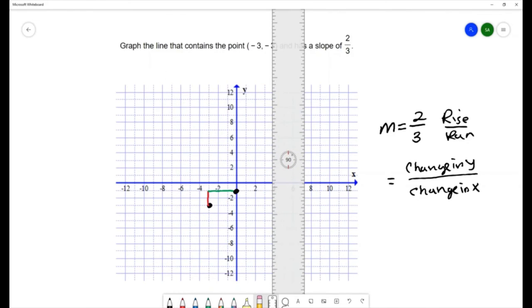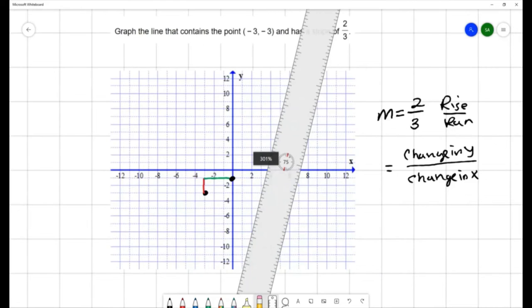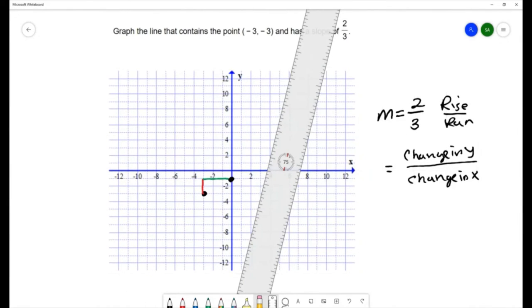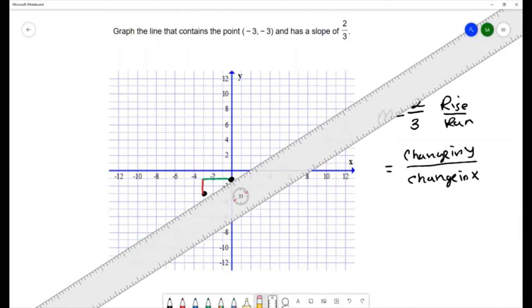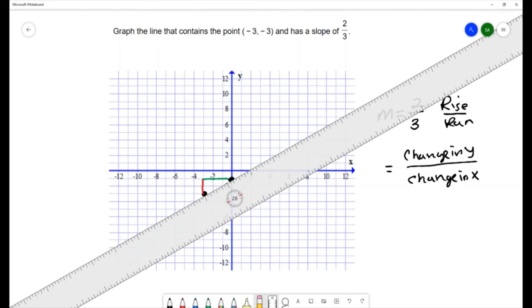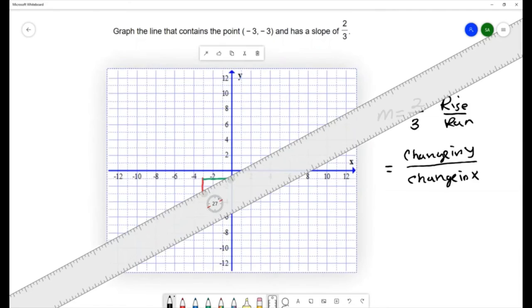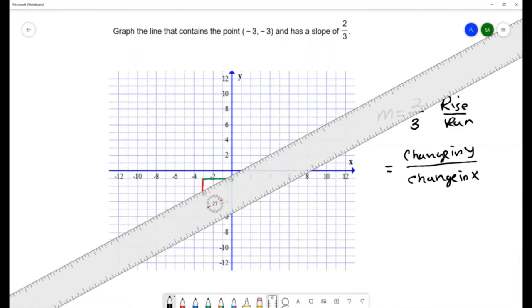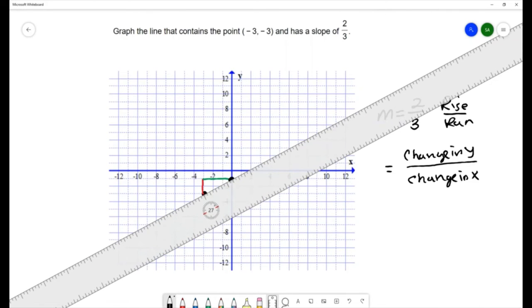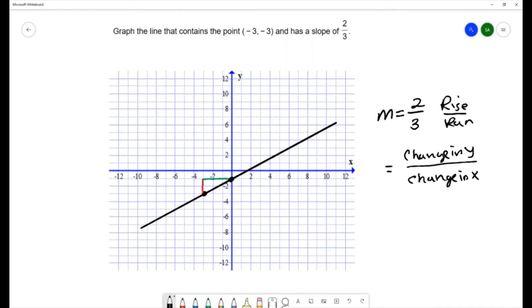I'll be able to draw that line that connects those 2 points. So there we've drawn the line that contains the point (-3, 3) and has a slope of 2/3.